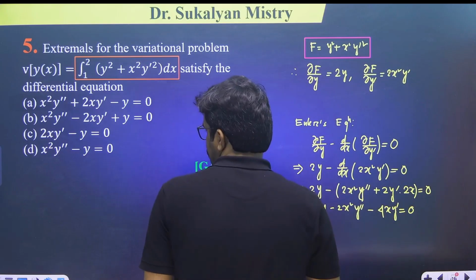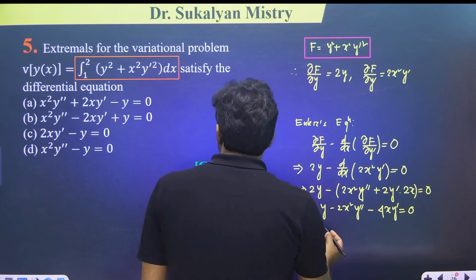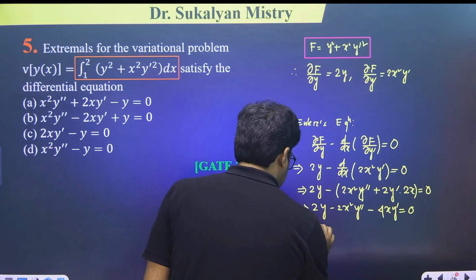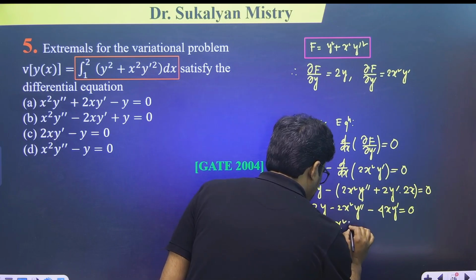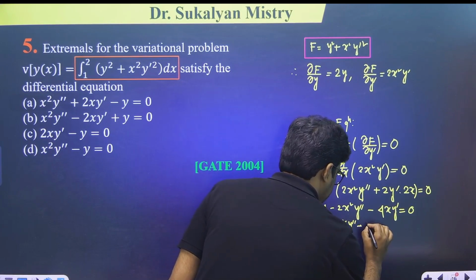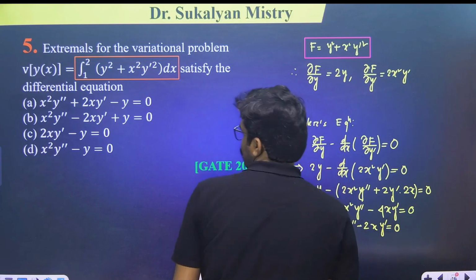Dividing both sides by 2, we get y minus x square y double dash minus 2x y dash is equal to 0.